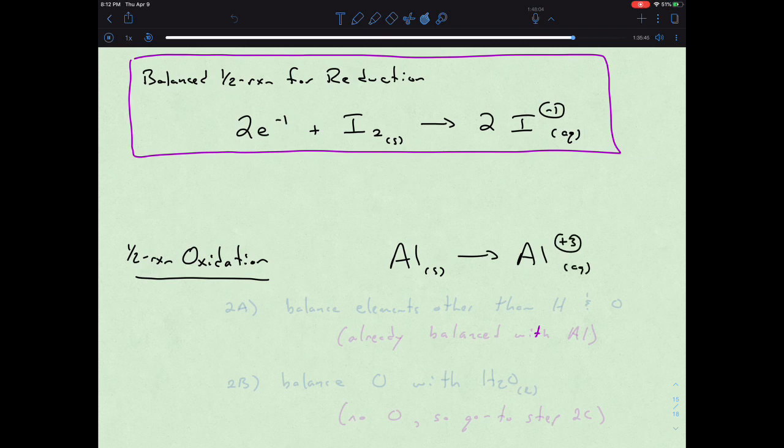And so if we look at our steps, 2A, right, balance elements other than hydrogen and oxygen. All right, so this is already balanced with the aluminum, so we don't have to worry about that.